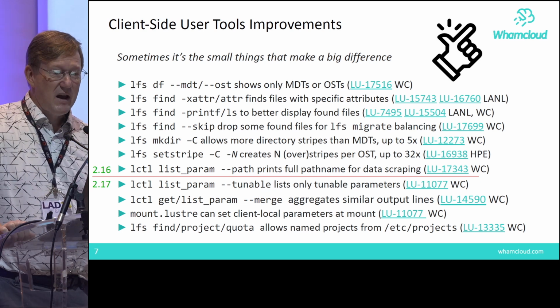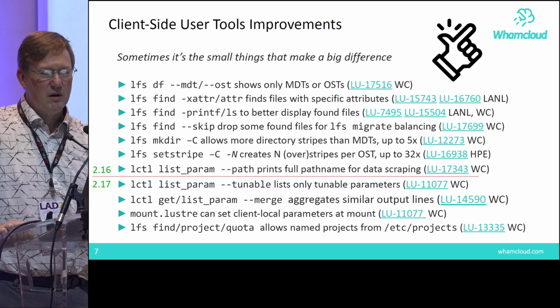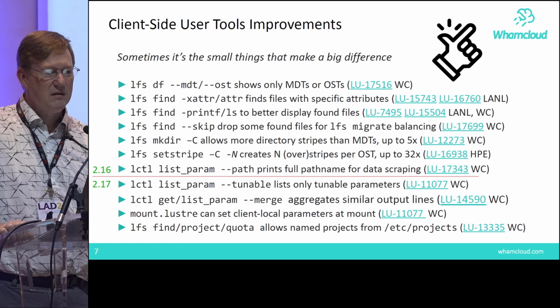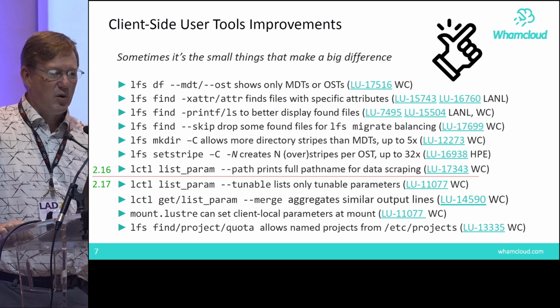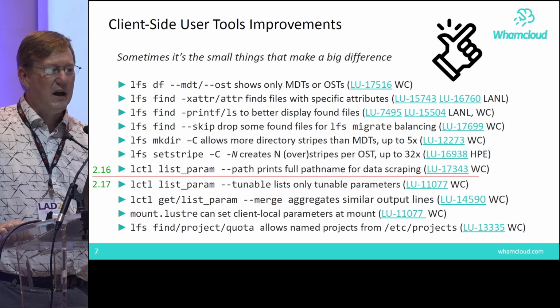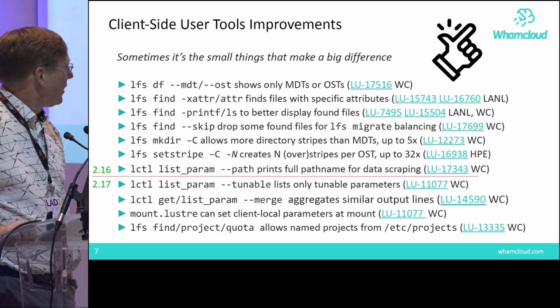mount.lustre, having client-side mount options so that you can specify different parameters on a specific set of clients. You have fat memory nodes that want different max RPCs in flight or max dirty MB. You can have an /etc/lustre/client.fsname.param, and whenever that file system gets mounted on the client, it will apply a different set of tuning parameters specific for those clients, right, instead of the global tuning parameters.